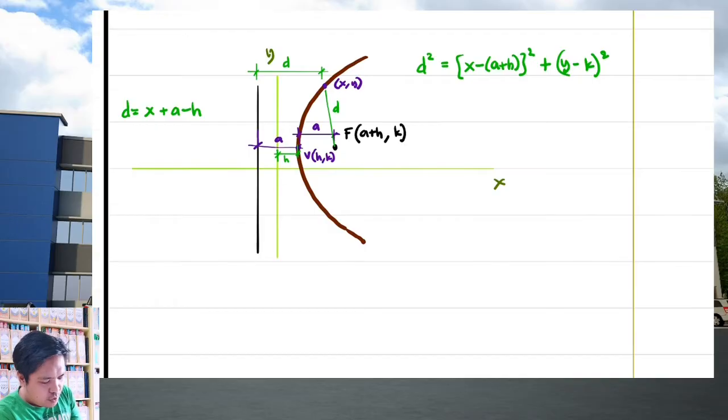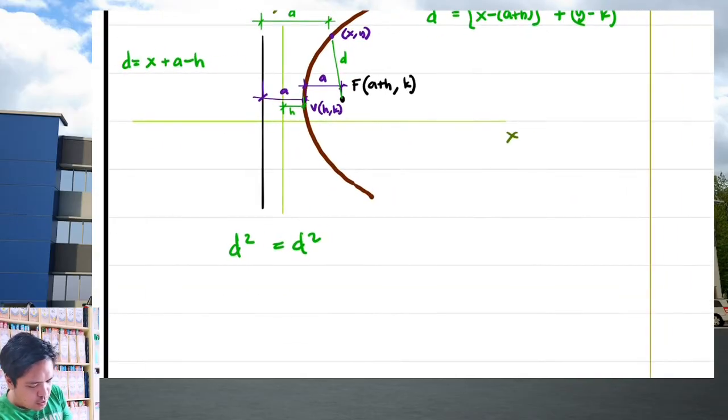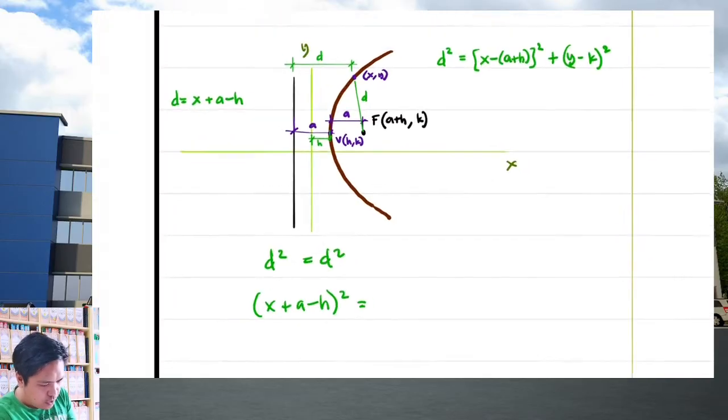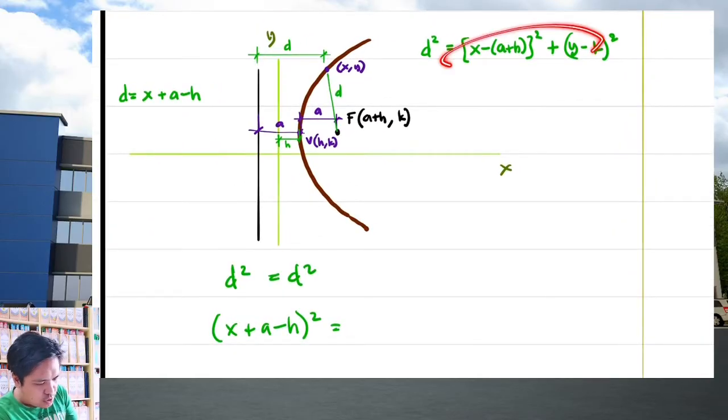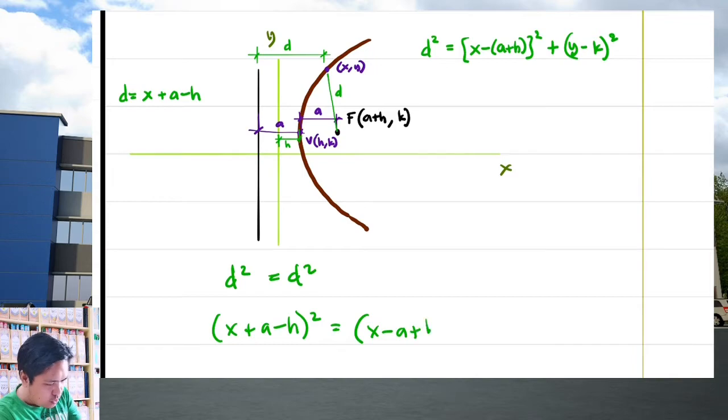Now, if we equate the two expressions for d squared, this would become x plus a minus h squared equal to, of course, this is d squared, x minus a plus h, or rather minus h, then squared, plus y minus k squared.